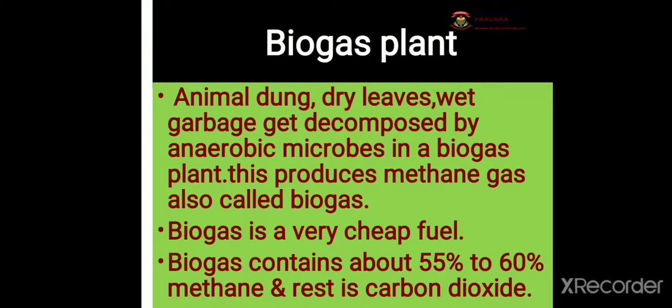Biogas is a very cheap fuel. Biogas contains about 55% to 60% methane and the rest is carbon dioxide. Biogas fuel is used for cooking and it is also used for production of electricity.